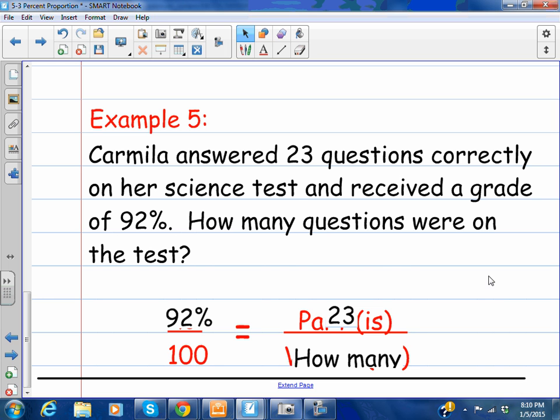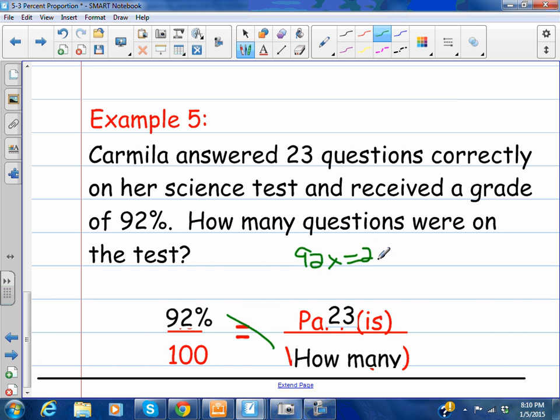So you can do those and then set that up and solve, okay? After you do your cross products, you're going to end up with 92x is equal to 2300. Divide by 92, and you're going to end up with a total test score of 25 possible points. Of course, since it's a word problem, you'd write out a sentence. There were 25 questions on her science test.